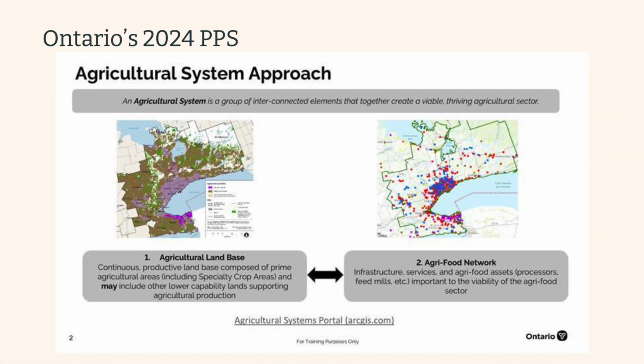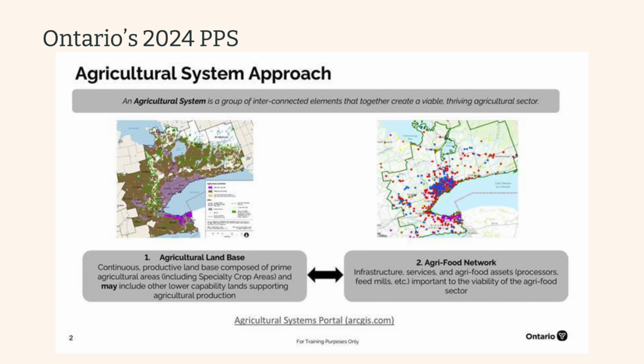Agriculture is more than farmland alone. It is a connected system made up of production, processing, distribution, supporting businesses, infrastructure, and services. Together, the agricultural land base and the agri-food network make up an agricultural system.